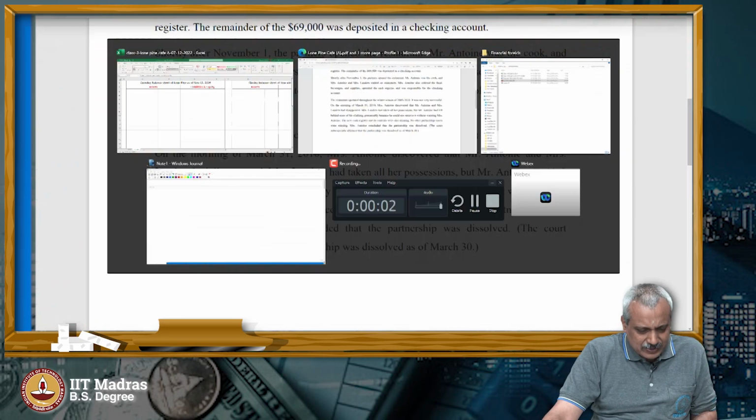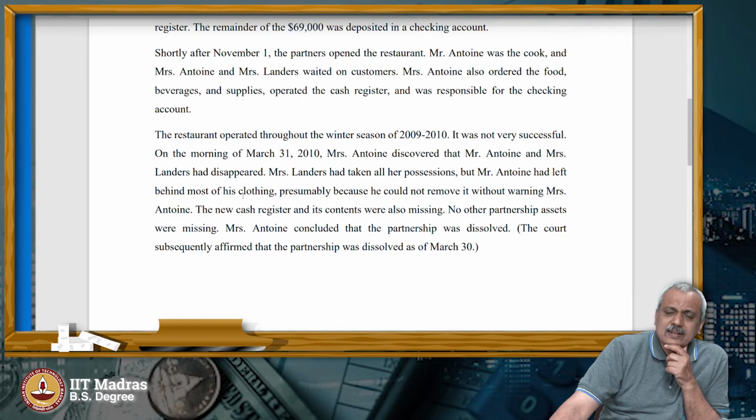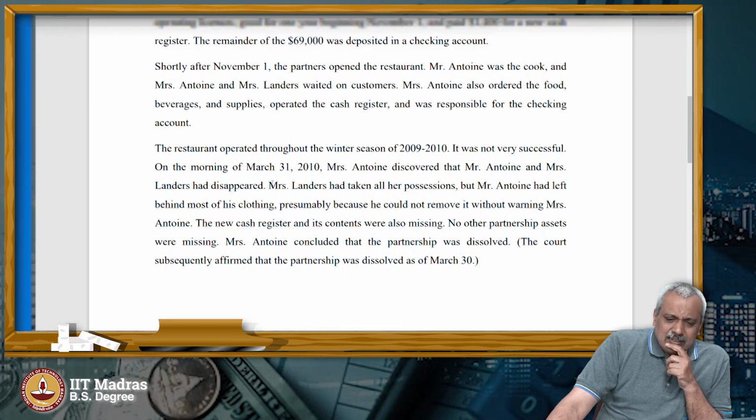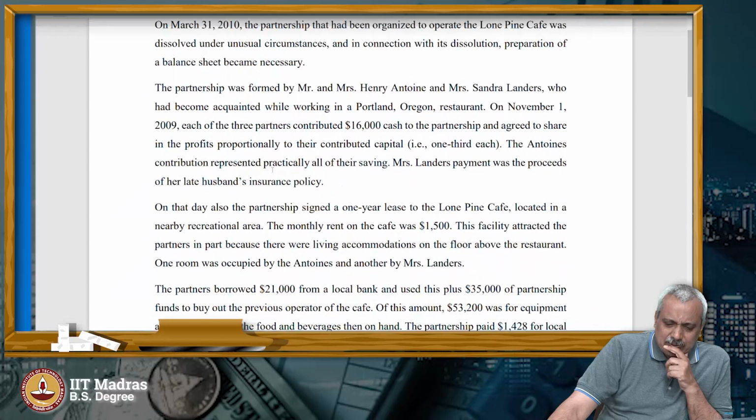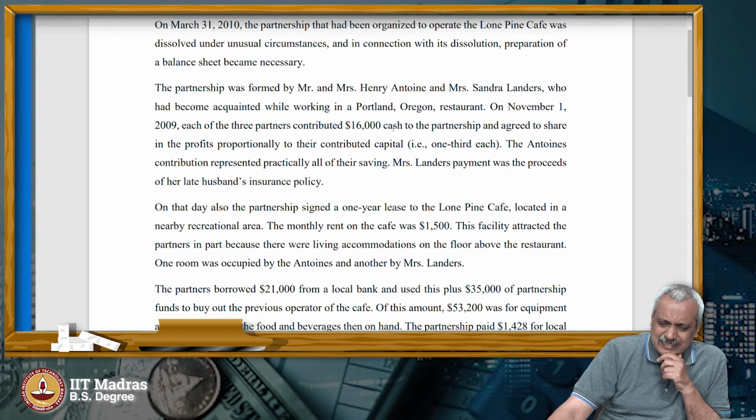I am going to go back to the statement. Let's read through this. They said that on November 1st, each of the three partners contributed $16,000 in cash to the partnership and agreed to share the profits proportionally to the contributed capital.